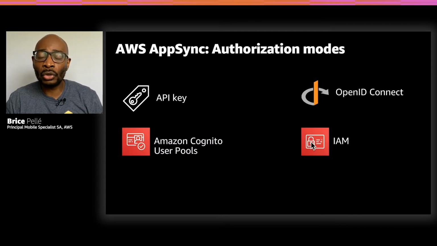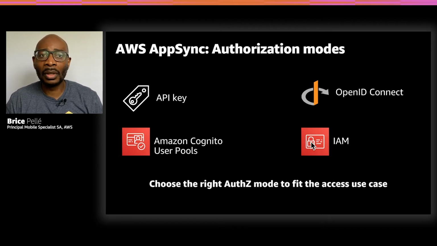And then it also supports granting authorization based on permissions set up via IAM. So you have the flexibility to choose the right authorization mode to fit the access use case. And it's important to understand which authorization mode makes sense in different situations. So let's look at that.